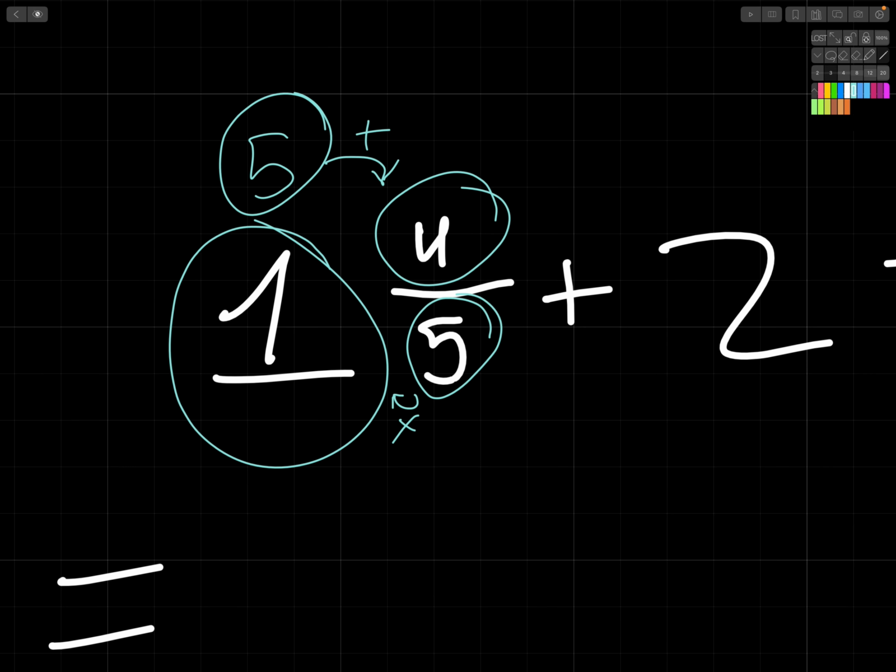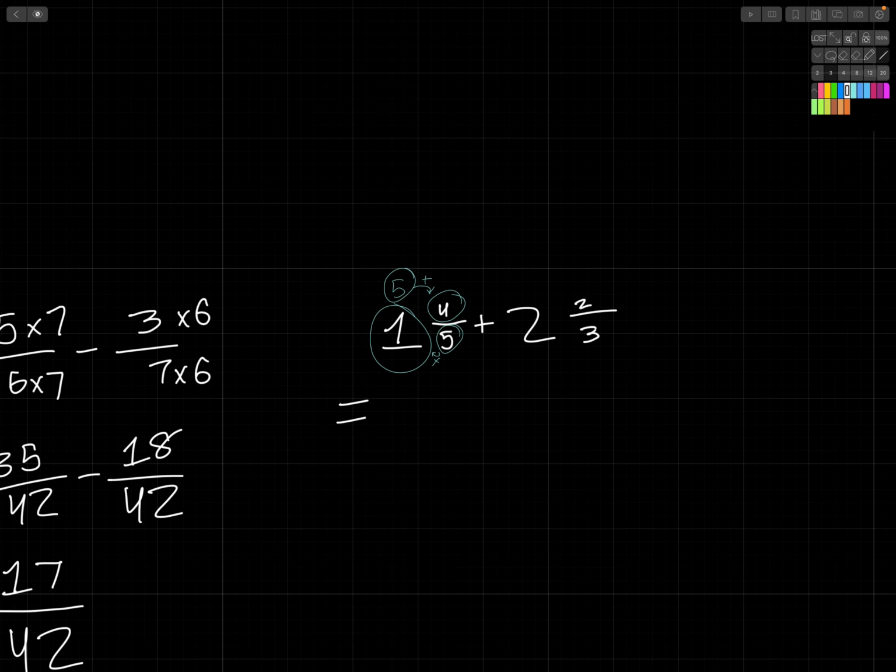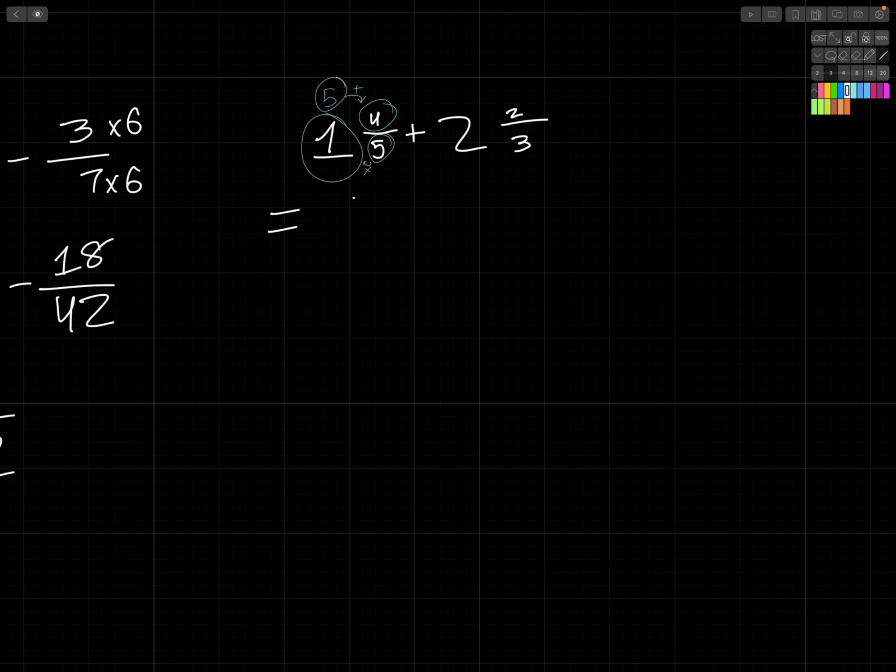So 5 plus 4, that is indeed 9. And then we keep the denominator always the same, which is 5. So 9 over 5. And that's how you transfer it into improper form. And then we keep the addition, and then we do the same.